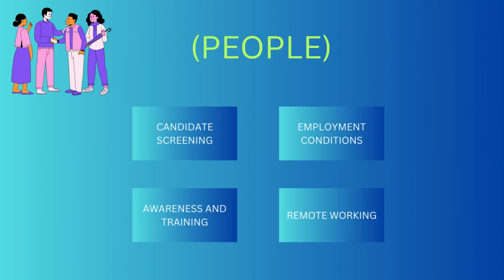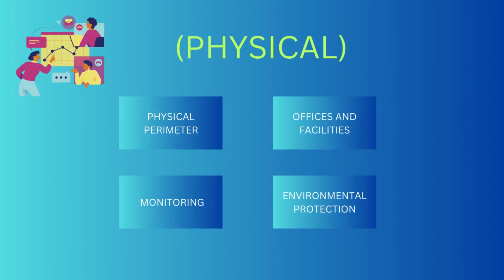Under people controls, it talks about candidate screening, employment conditions, awareness and training, and remote working of people. So it is very essential that starting from hiring people to maintaining the employment environment and training the people and creating awareness, and when people are working from home, security controls are also of utmost importance.